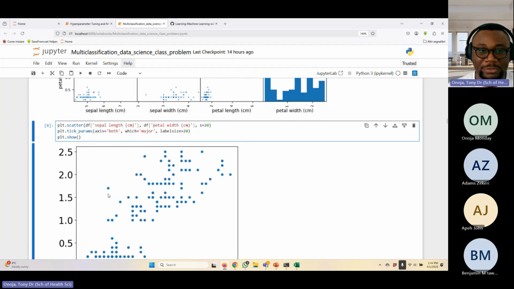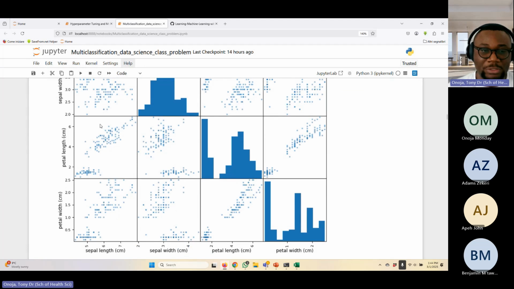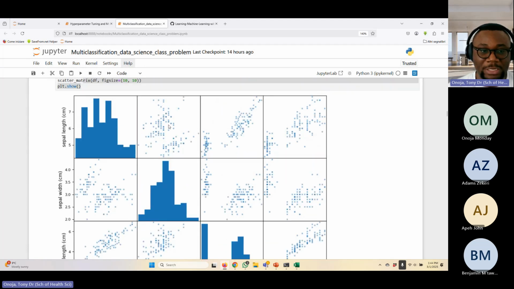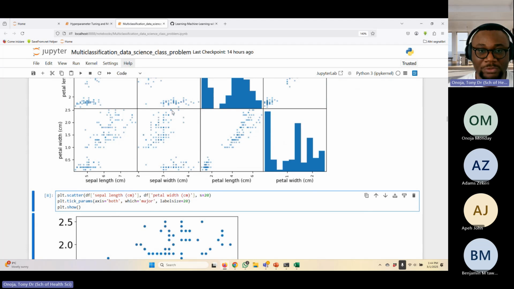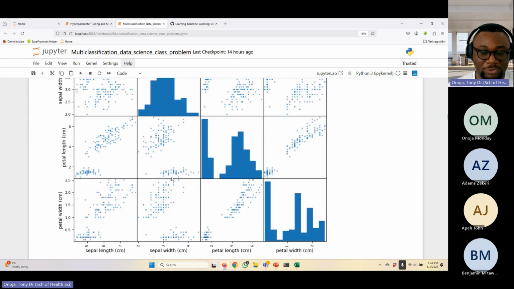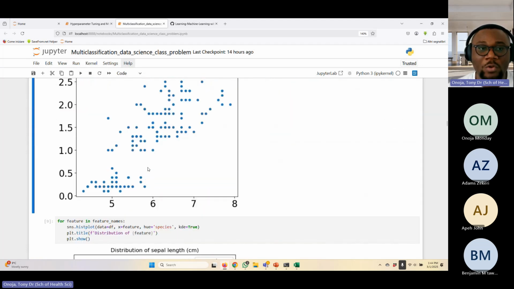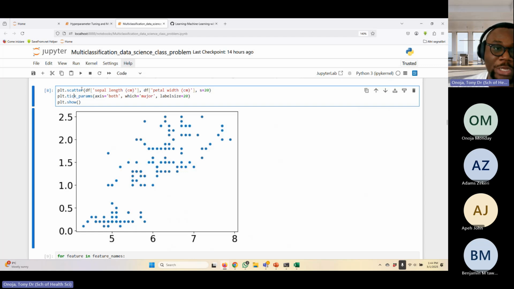We want to see both of them happening together. So the sepal length is here, and the petal width is this one, so it is this one that we zoomed into. What I did was to show you that you could also increase the label size of the x and y axis.